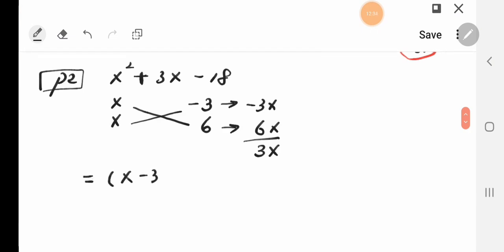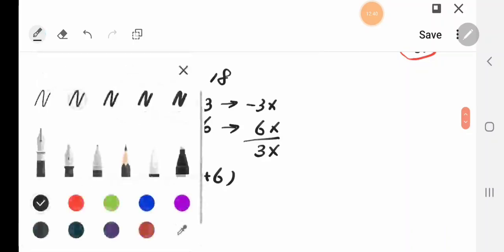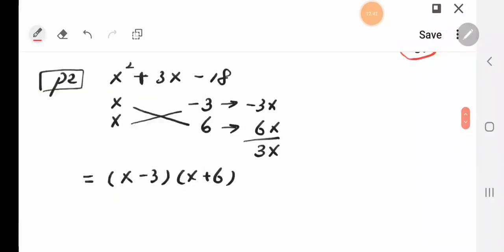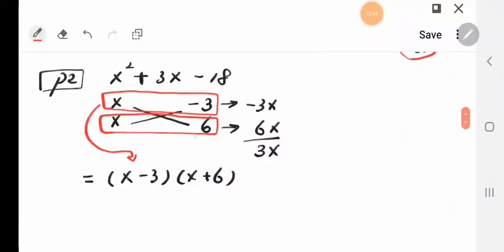The first line times the second line: x minus 3 times x plus 6. Let me repeat this. You have to multiply the binomial in the first line and the binomial in the second line. This one goes over here and this one goes over here. Always.